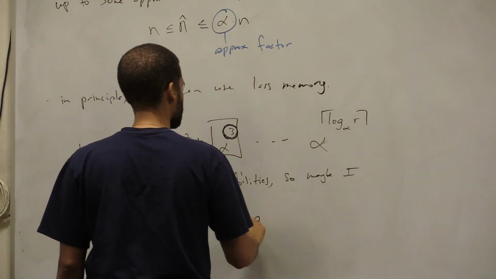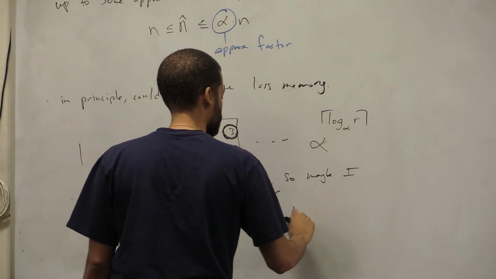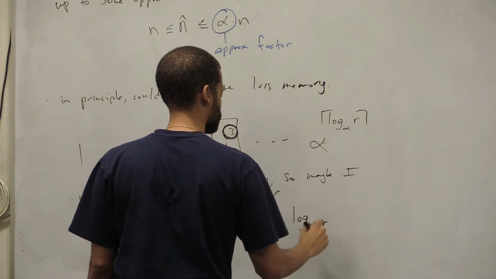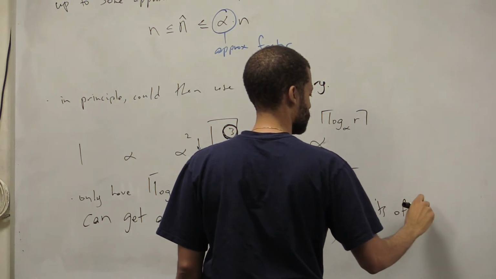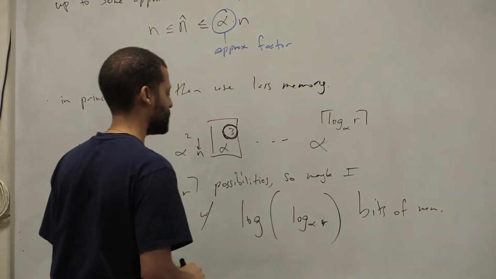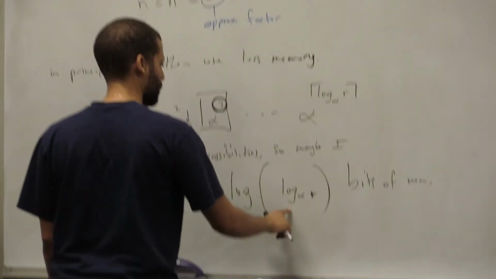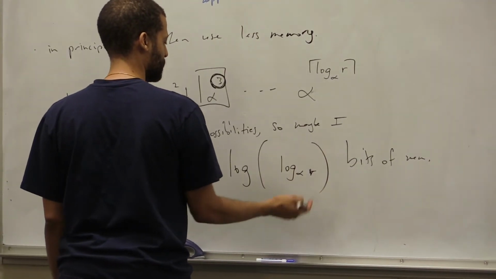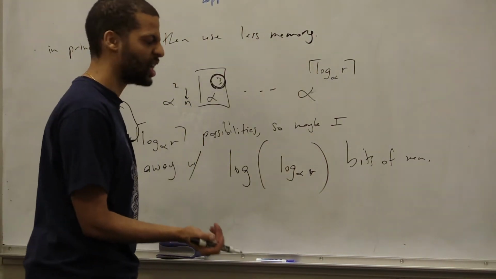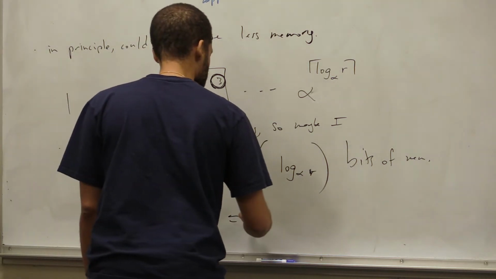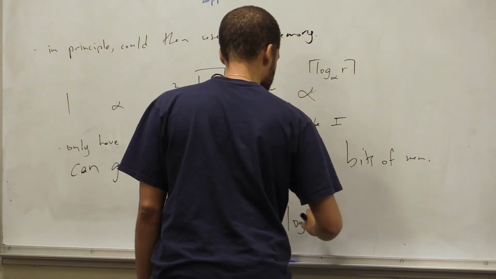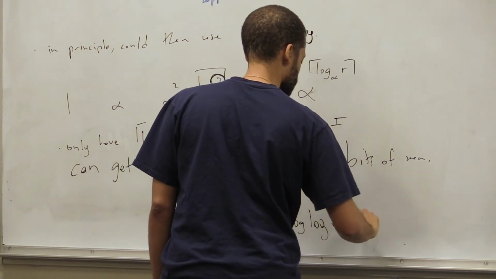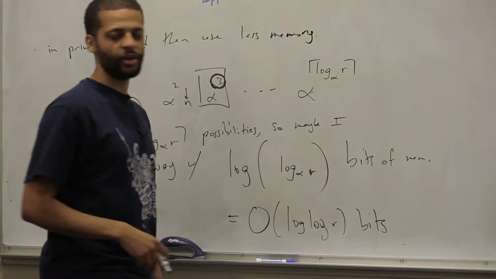Log of log base alpha of r bits of memory, which is the same thing as, remember, if you think of alpha as being a constant, then this is O of log r bits. Or no, I think r is n.